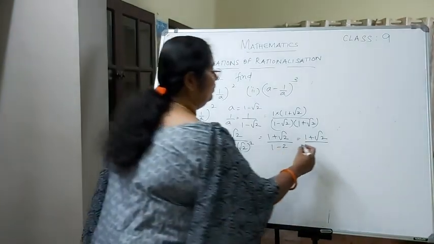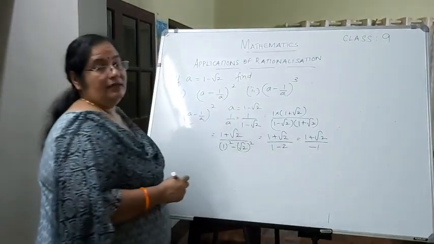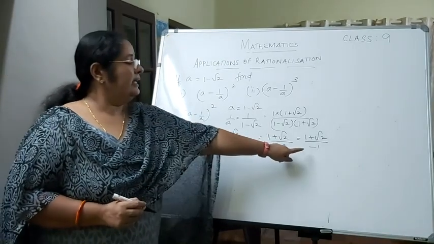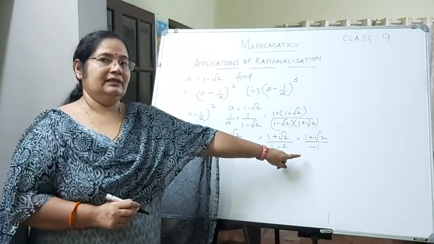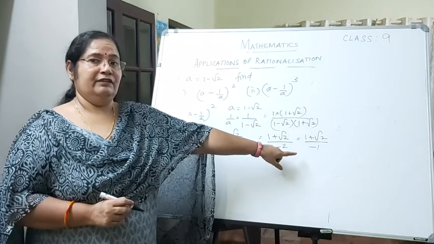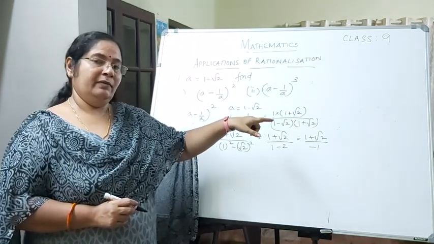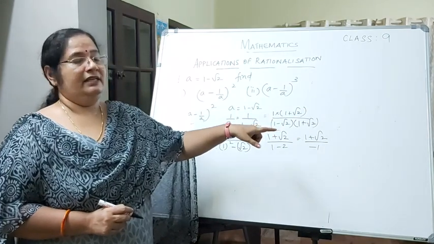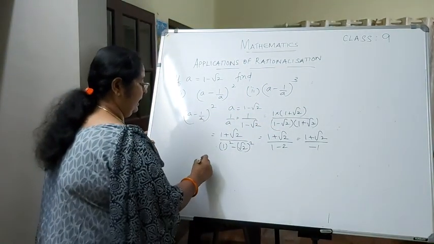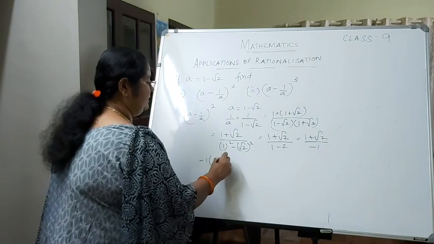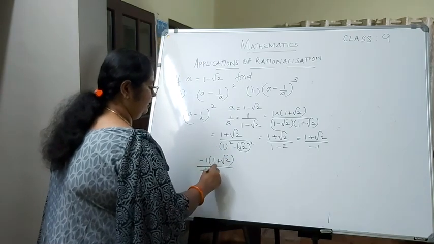1 minus 2 is minus 1. So you have a negative sign in the denominator, which is not in the standard form. So what you have to do? Multiply both numerator and denominator with a negative sign. So this becomes minus 1 into 1 plus root 2 by minus 1 into minus 1.